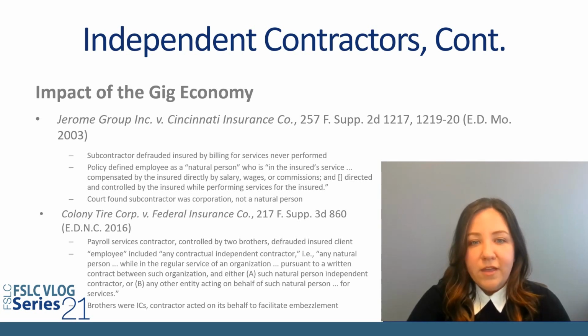The court held that the brothers here were natural person independent contractors pursuant to their contractor entity's contract with the insured, and the contractor entity acted on behalf of the brothers to facilitate their embezzlement. The court's interpretation here was arguably very broad, given that any independent contractor entity necessarily has natural persons performing services for it.